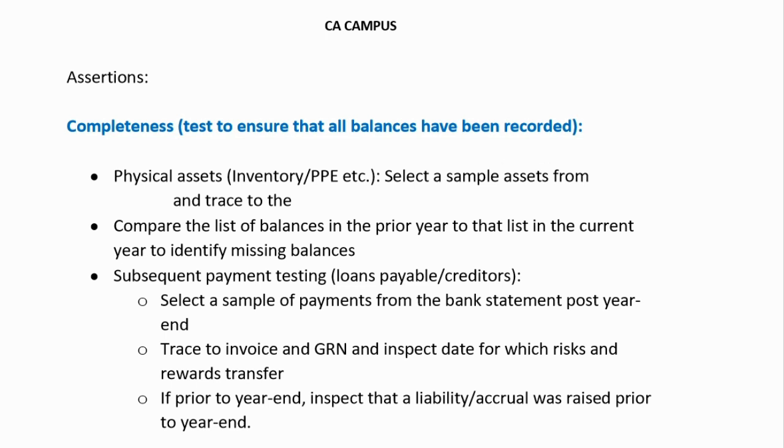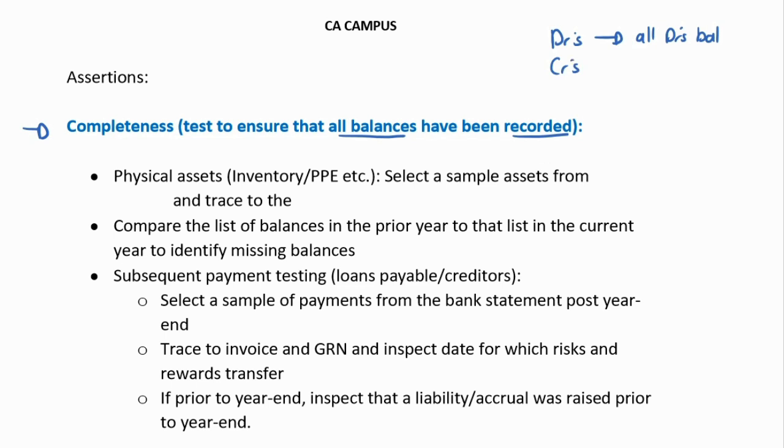So, my first assertion, the completeness assertion. Now I'm needing to develop a test that will ensure that all the balances related to a specific balance have been recorded. So what I mean, if I'm dealing with debtors as my balance, I've got to make sure that all the debtors balances that make up that total debtor have been recorded.